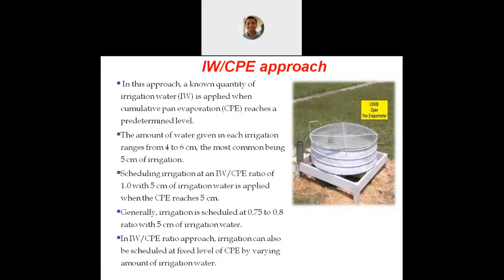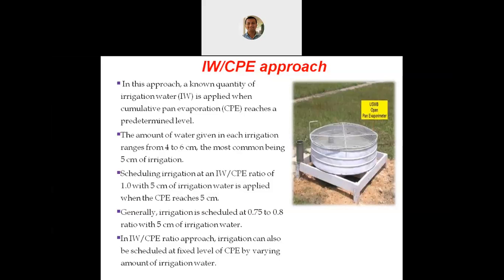So whenever we are scheduling irrigation at an IW/CPE ratio of 1, that means after 50 millimeter of cumulative pan evaporation has been measured, we apply irrigation.